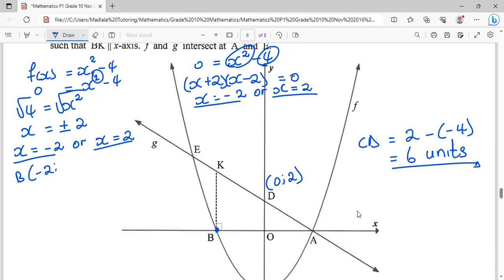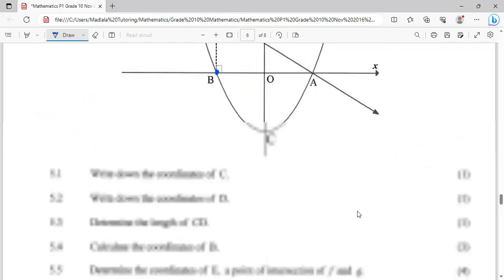But if you had to find the coordinates of A, maybe, you are just going to say, okay, A is on the positive x-axis, so I must take the +2, and then I say 0 there. So the 0 comes from the fact that at the x-intercept, y is equal to 0. Yes, and then you are set. So that's just how you find the coordinates of B.